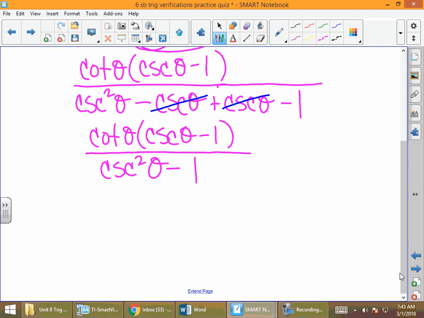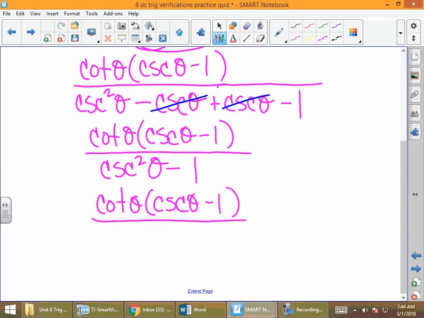If we have to, look back at our yellow paper, but that's something, remember, we're not going to have tomorrow. But as we look at cosecant squared theta minus 1, we find that what that equals, and I'm writing down the numerator again, the top of the fraction, cosecant squared theta minus 1 equals cotangent squared theta.